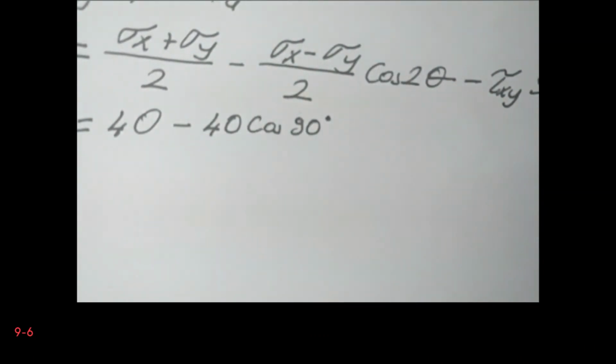Now let's put the values. Sigma x is 80, divided by 2 makes 40, minus, again we have 40, we have cosine 2 theta, that is cosine 90, then minus tau xy is 45 and sine 90.